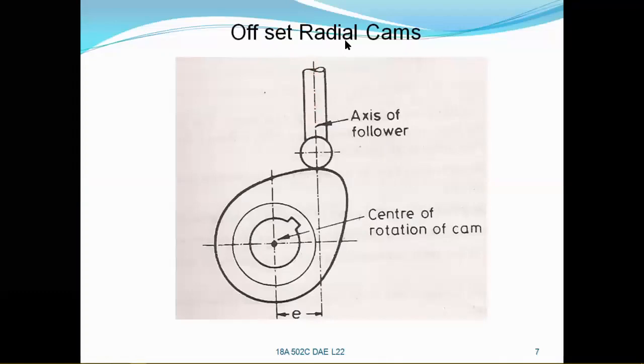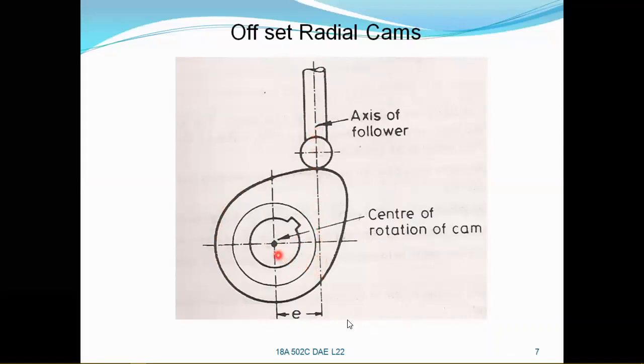So here you can see the offset follower, radial cams, offset radial cams. Offset means this is the axis of the cam, which is perpendicular to the cam surface, and this is the axis of the follower.